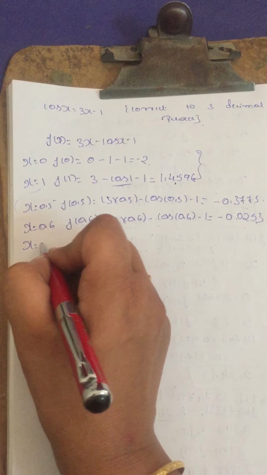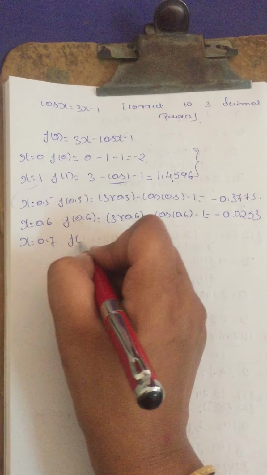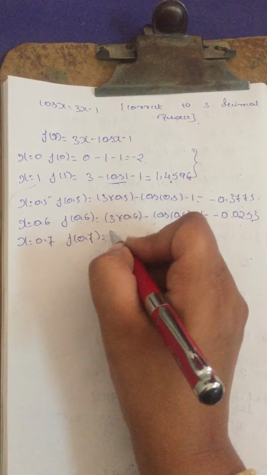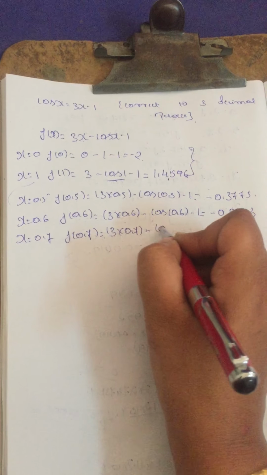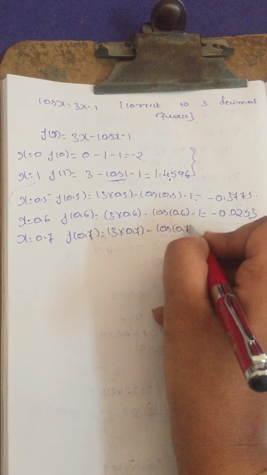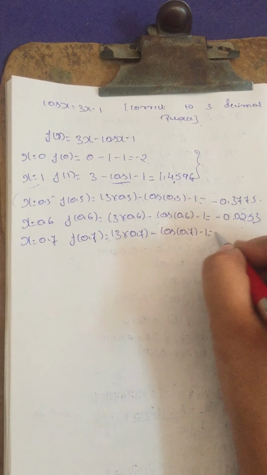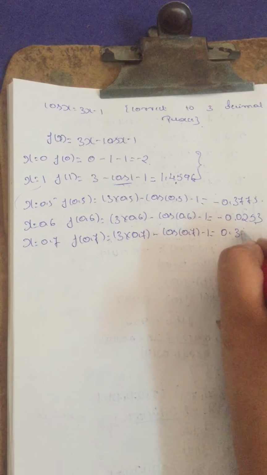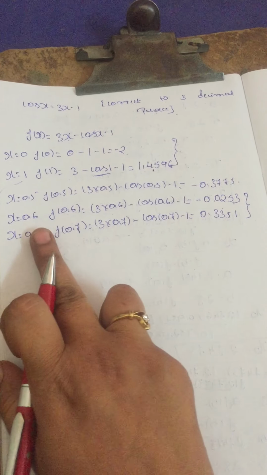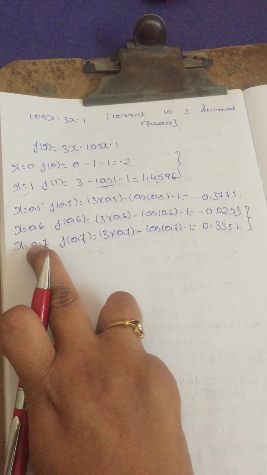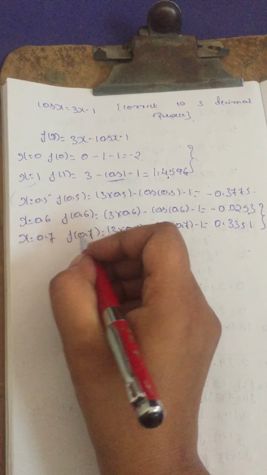Then x = 0.7. f(0.7) = 3 into 0.7 - cos 0.7 - 1, which is equal to 0.3351. It means the root lies between 0.6 and 0.7.